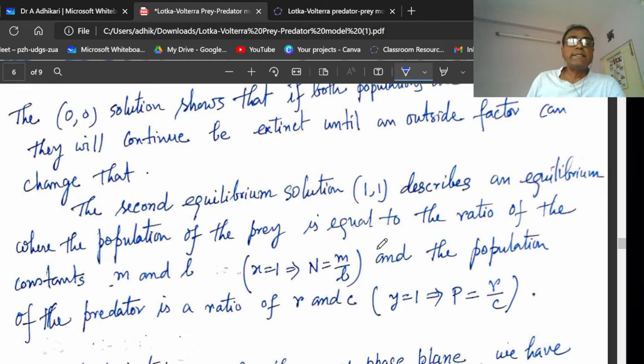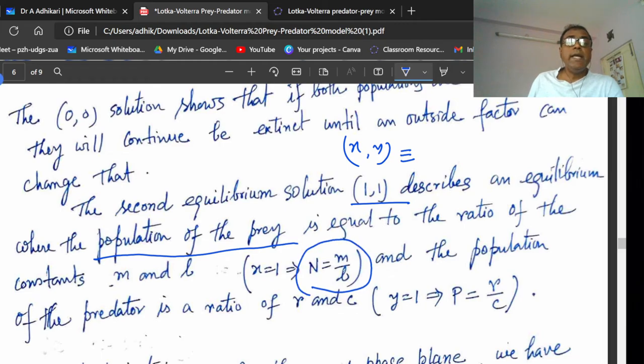So this second equilibrium solution in the xy plane describes an equilibrium where the population of prey, n, is equal to the ratio m by b, and the population of predator is the ratio r by c.